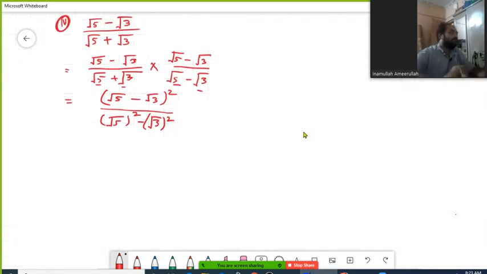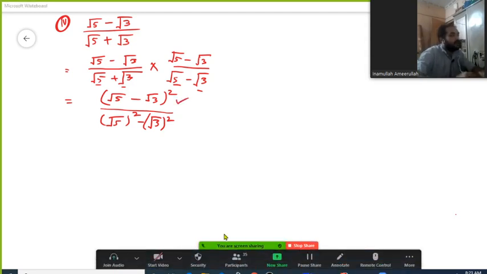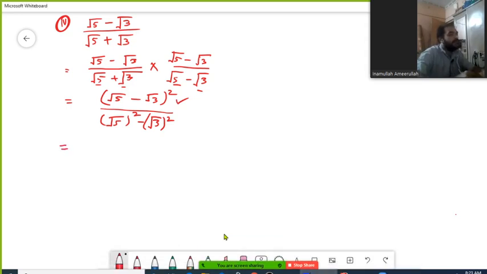Then in the numerator we can apply the a minus b whole square formula. A minus b the whole square is a square minus 2ab plus b square. So here a square, that is root 5 square, minus 2 into a into b, plus b square.